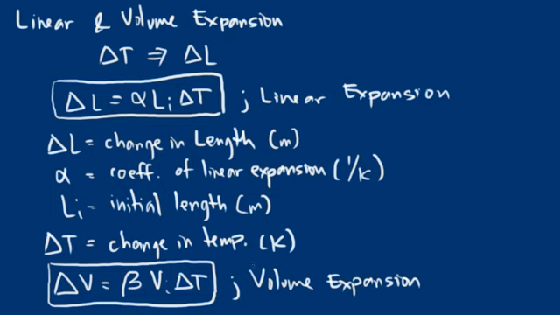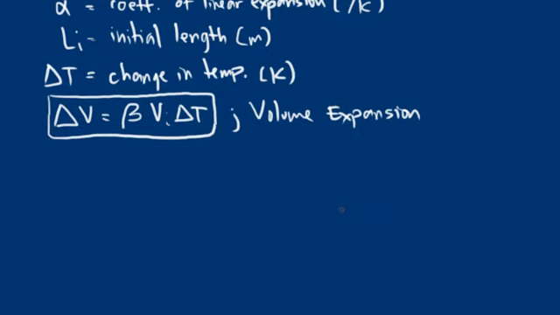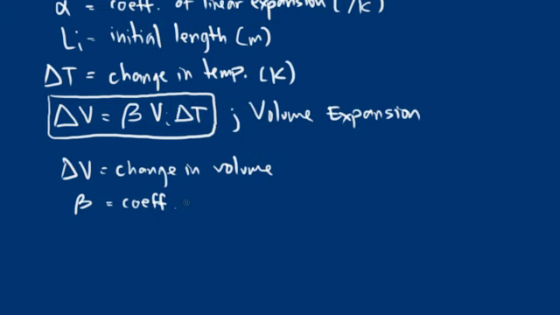Where delta V is naturally the change in volume, beta is the coefficient of volume expansion, and is approximately equal to 3 times the coefficient of linear expansion for the same object.